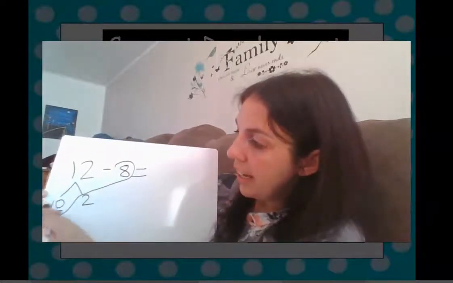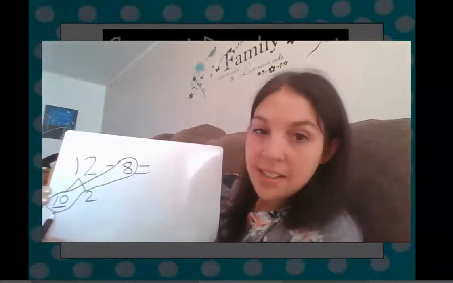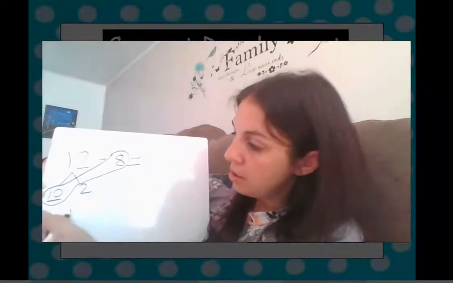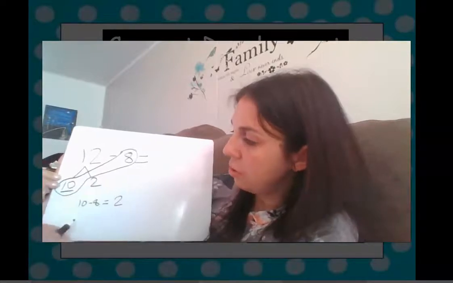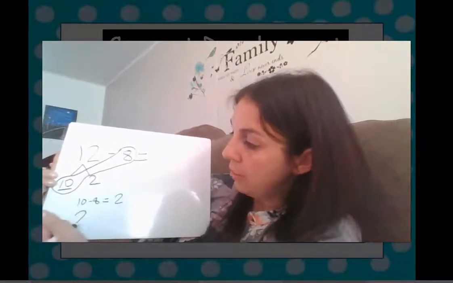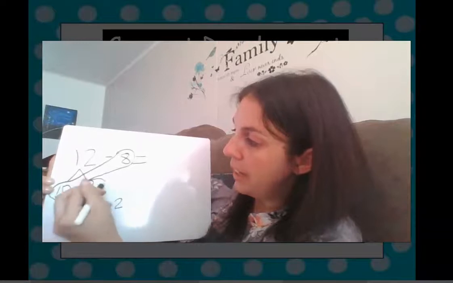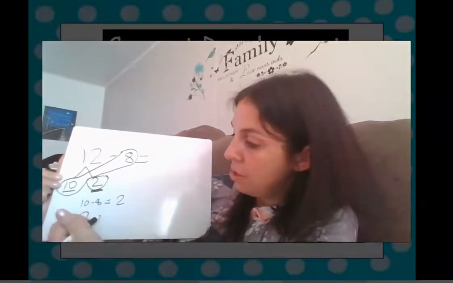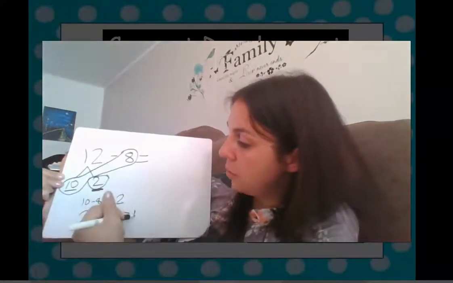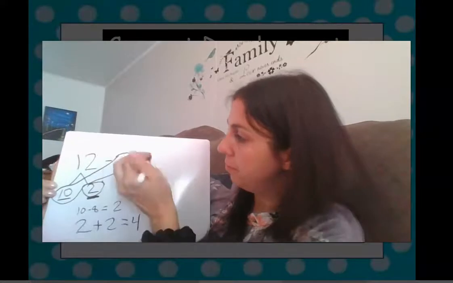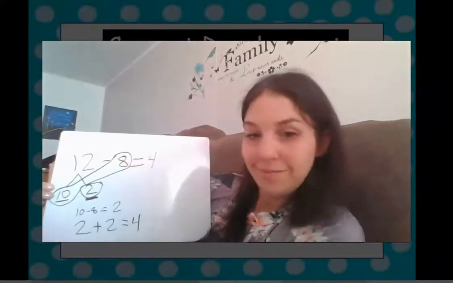And we're going to take 8 from 10, okay? 10 minus 8 equals 2. So now we're left with 2, and then look, what do we have left here? We have 2 more left. So we're going to say plus 2, and that is where we got our 4 from. Okay?